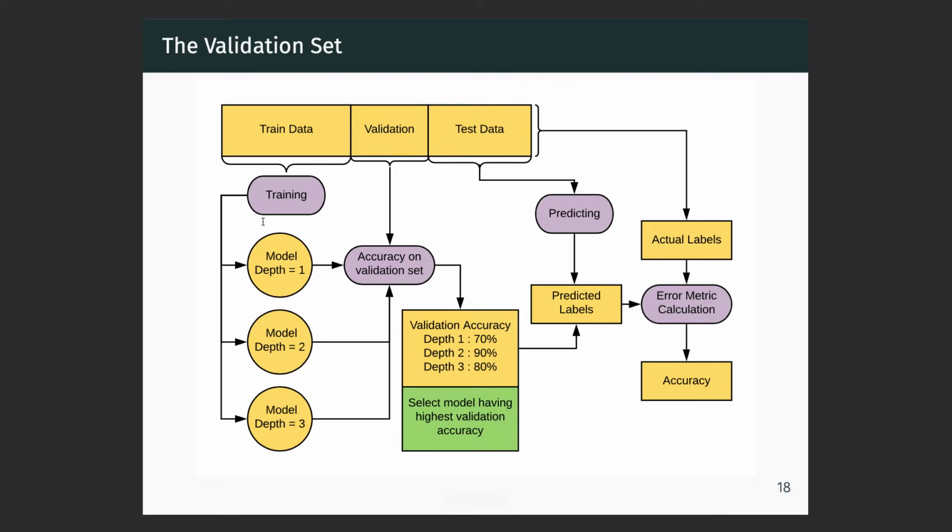Sure. It's like we are trying to find a depth which will give good accuracy for both training and test data. So it's like test data is used in the training process. No, test data is never used in the training process. Ideally, test data is unseen to you. So imagine that test data is given to you later.